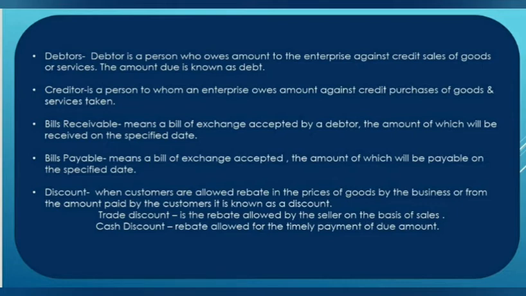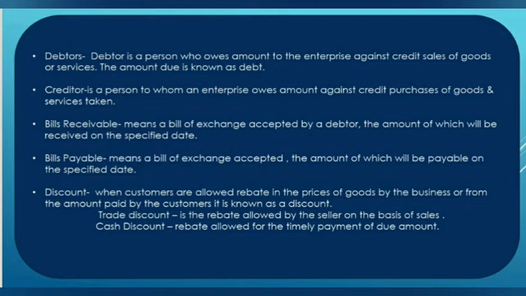Okay, so now what do you mean by a creditor? A creditor is a person to whom an enterprise owes an amount against credit purchase of goods and services. For example, Mohan is a creditor of a firm when goods are purchased from him on credit.